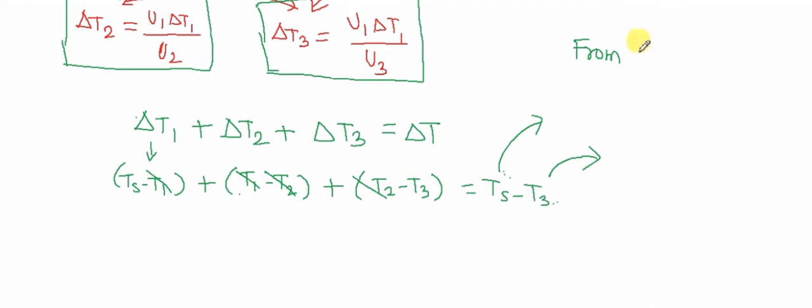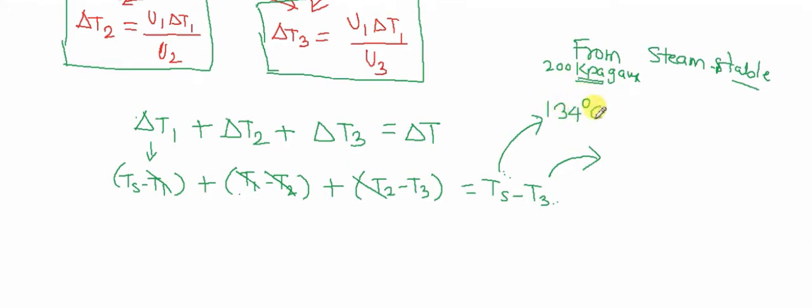Ts is the temperature of steam. The pressure is given as 200 kilopascal gauge, and for this 200 kilopascal gauge, the temperature of steam is 134 degrees Celsius.